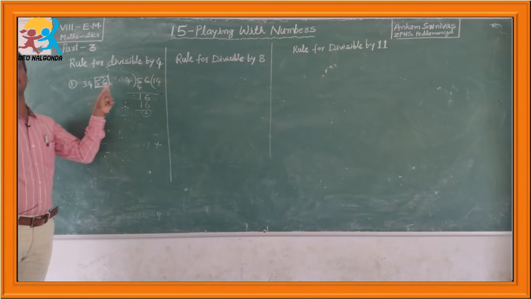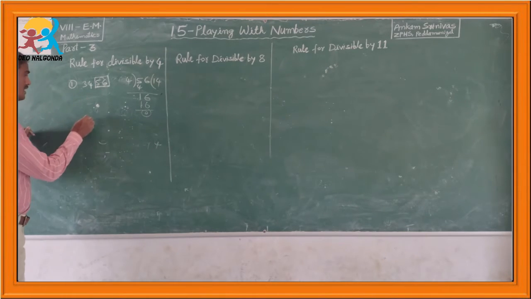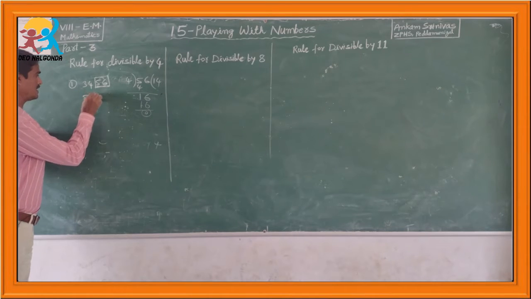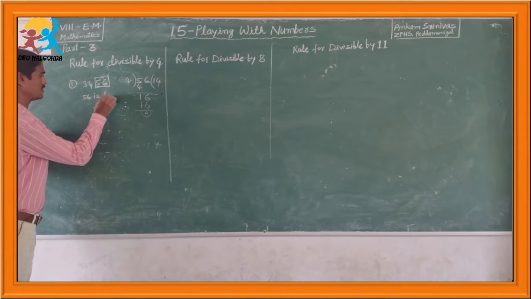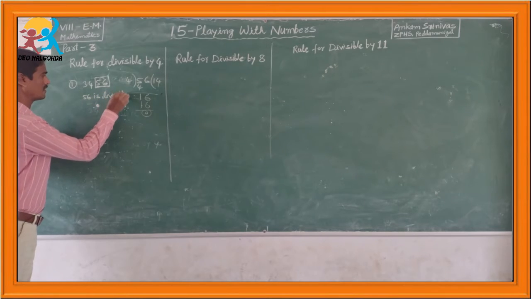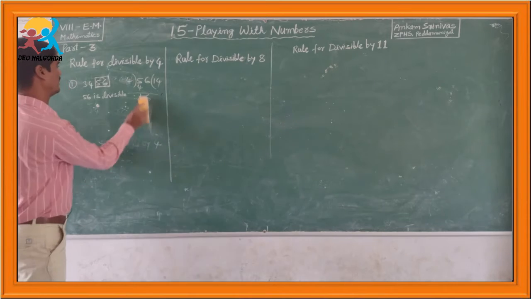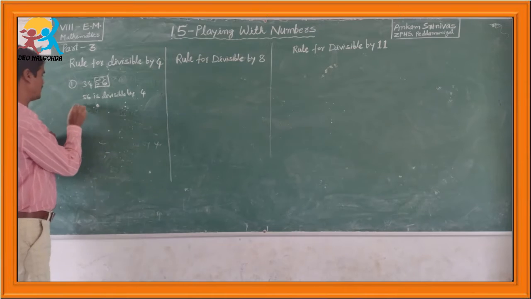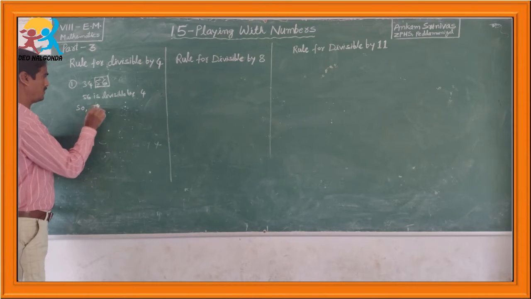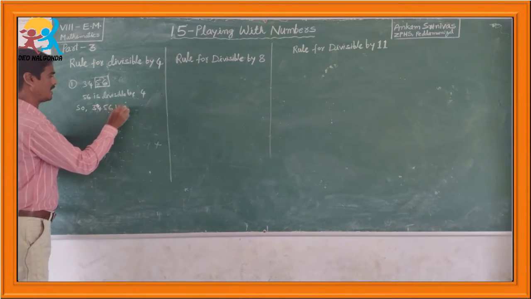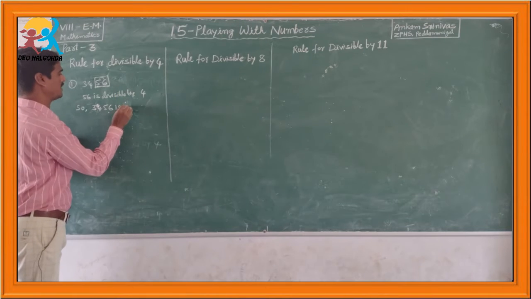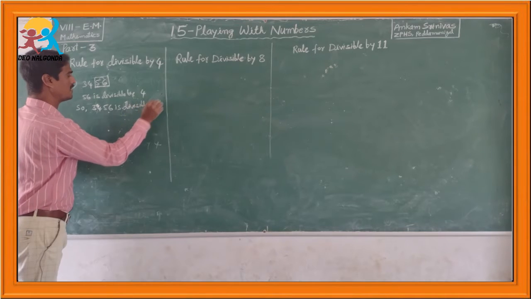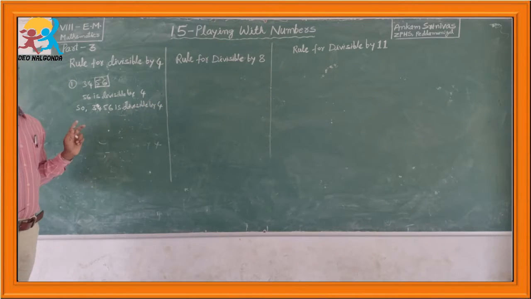So the given number is also divisible by 4. So the last 2 digits 56 are divisible by 4, so 3456 is also divisible by 4. Very clear? Yes or no?